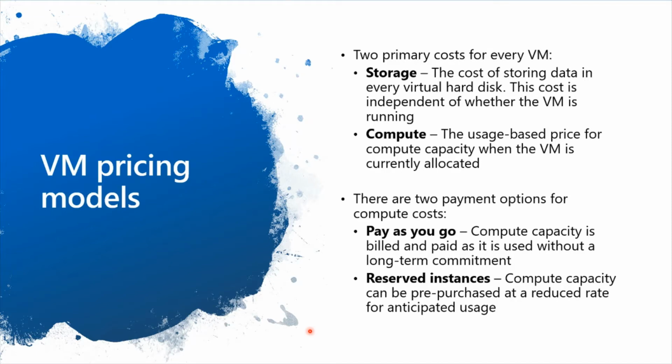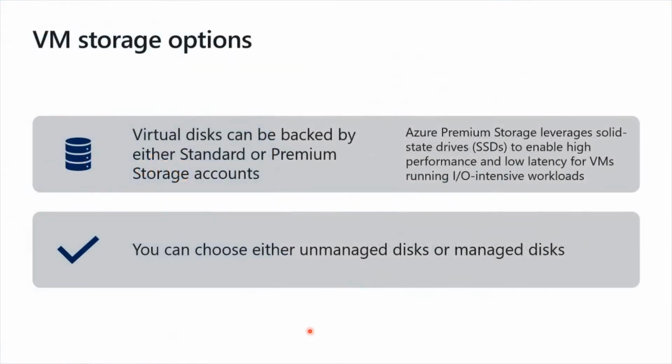You can commit for a long period of time, and then you can get some discounts. But then you are also entering into a commitment with Microsoft Azure that you will be using virtual machines or their services for the long term. So depending on your requirements, you have many storage options for virtual machines.